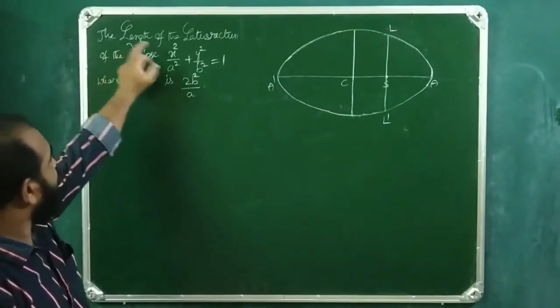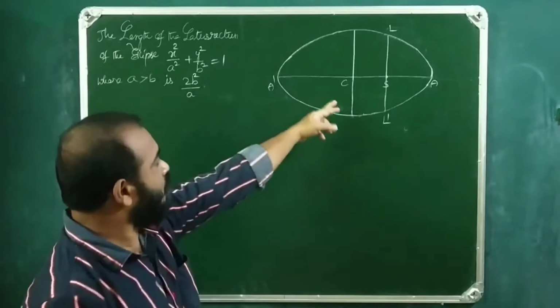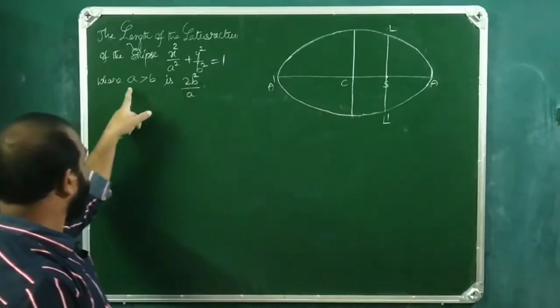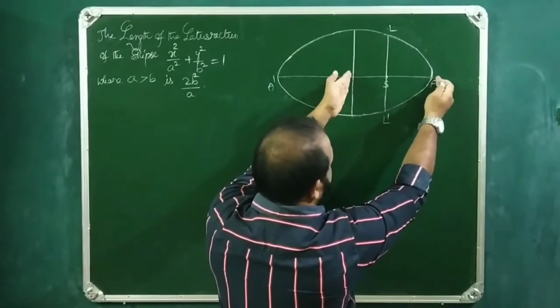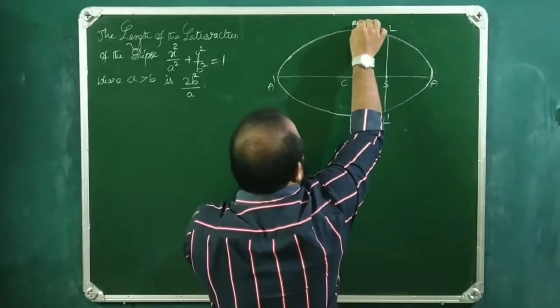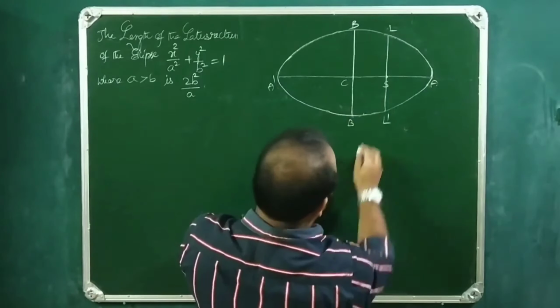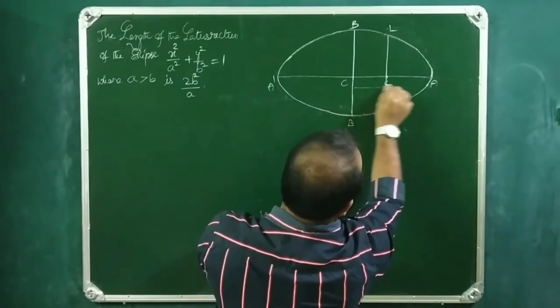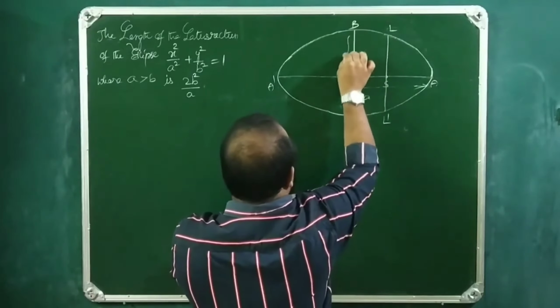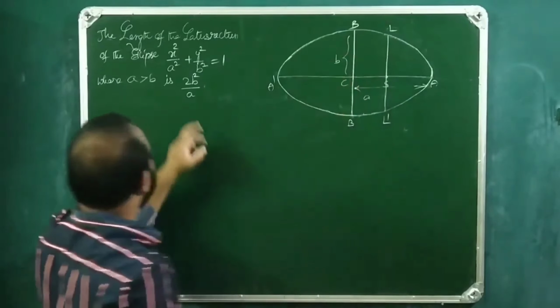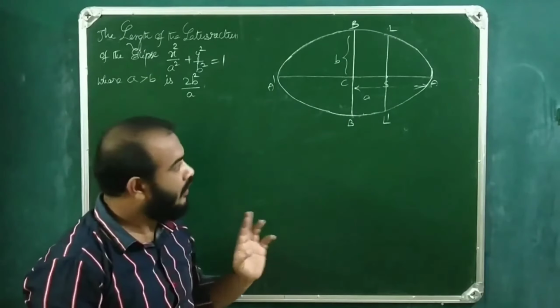The length of the latus rectum of the ellipse x square by a square plus y square by b square equals 1, where a is greater than b, is 2b square by a. How?